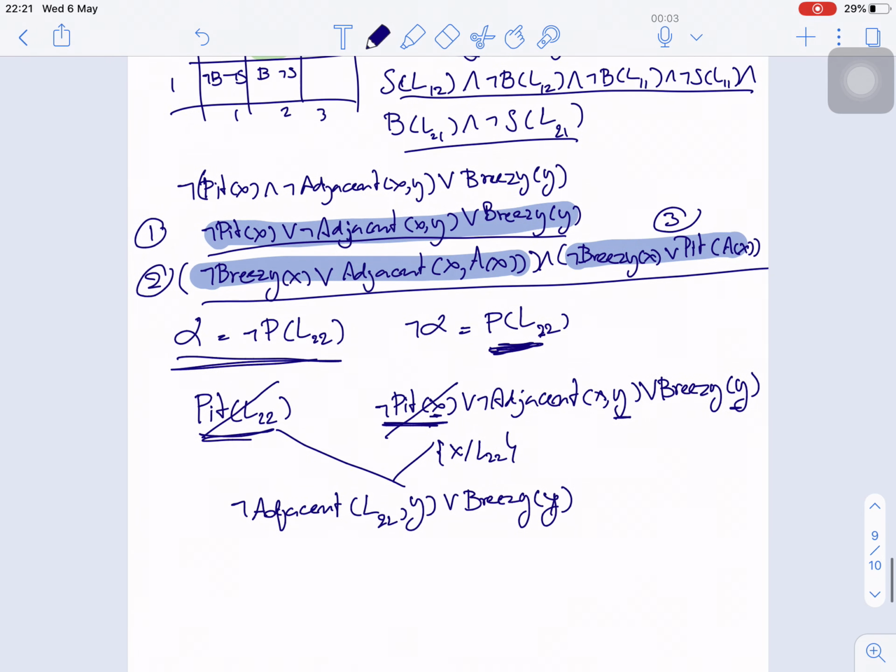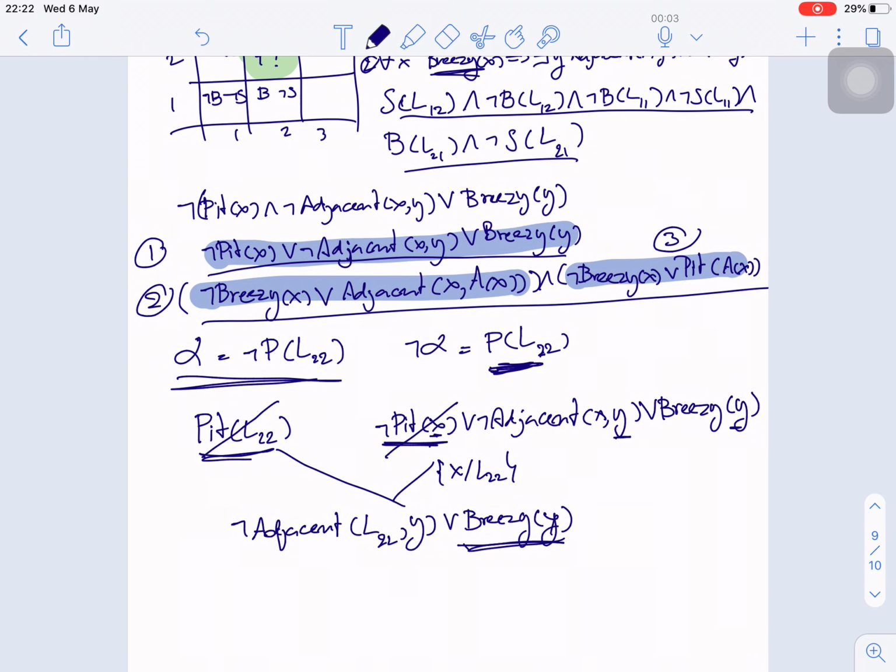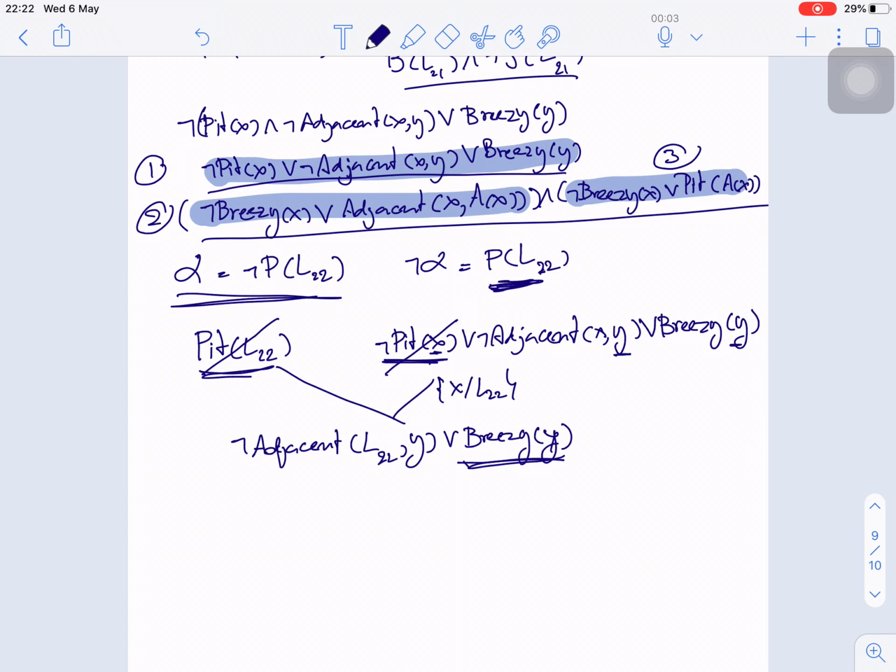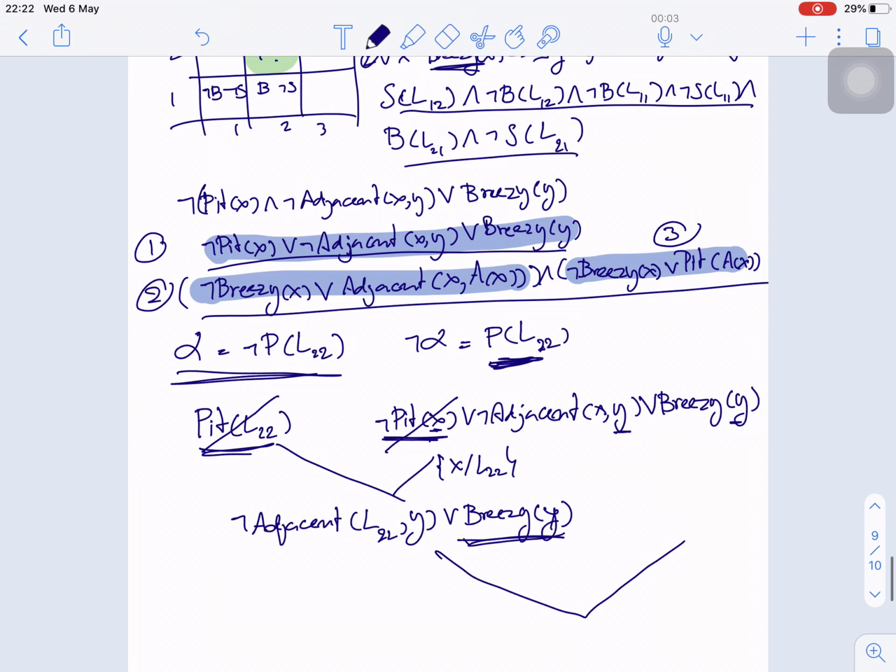You have breezy y here, and you have not breezy L12, not breezy L11, but the one that you have to find is some location that is adjacent to L22. That is L12, right? So if you use the breezy y here, we use not breezy L12.